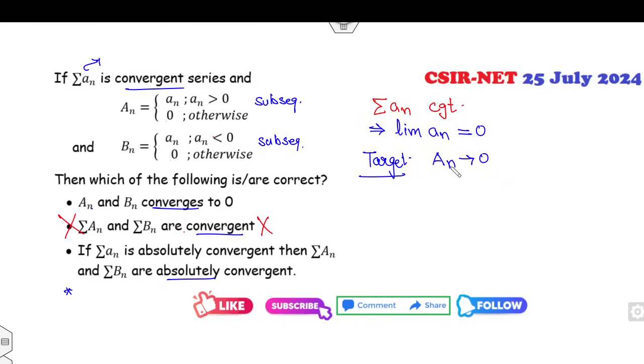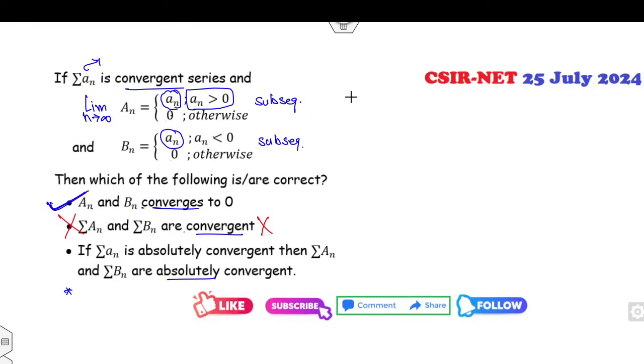Since your target is to prove the limit of an is 0, if you take the limit as n approaches infinity, this is already 0, because an is part of this convergent series. So since an goes to 0, definitely this option is the correct option. Similarly for bn the limit goes to 0, so yes, this option is the correct option.